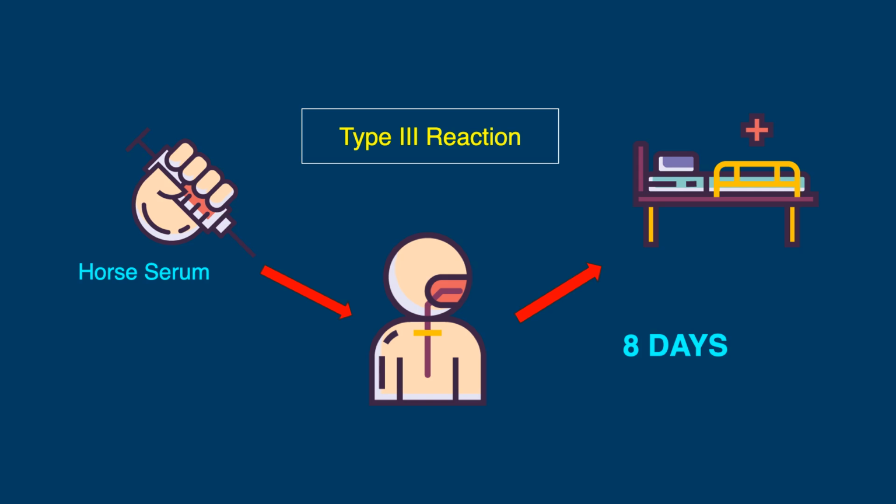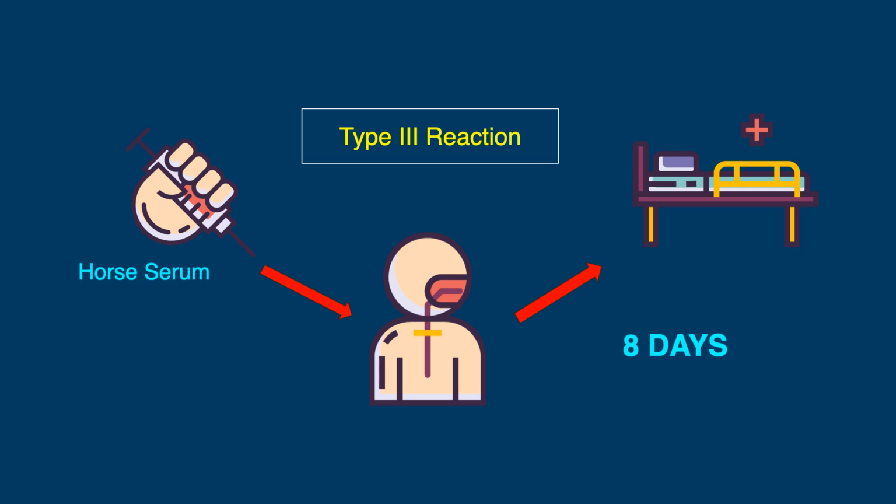This became known as serum sickness and is now known to be mediated by circulating immune complexes formed from anti-horse antibodies formed in response to the first injection complexed with complement, and is a type 3 reaction.